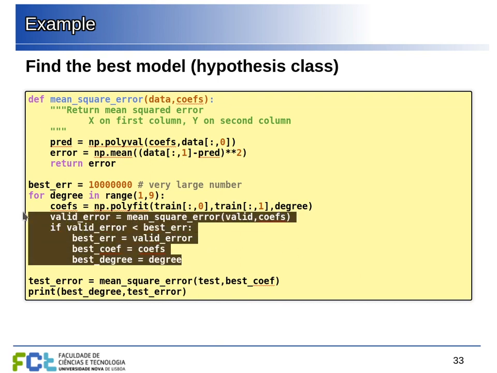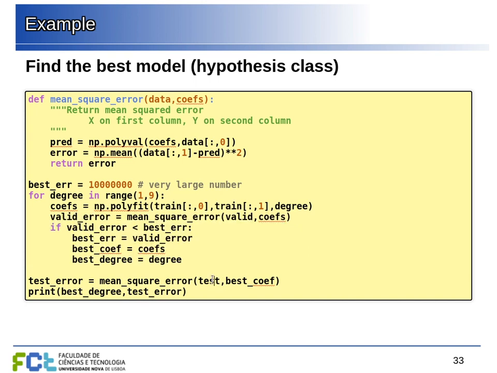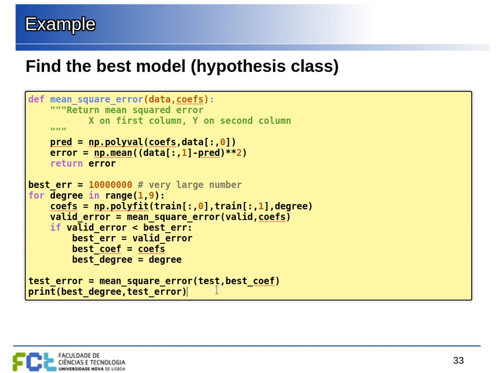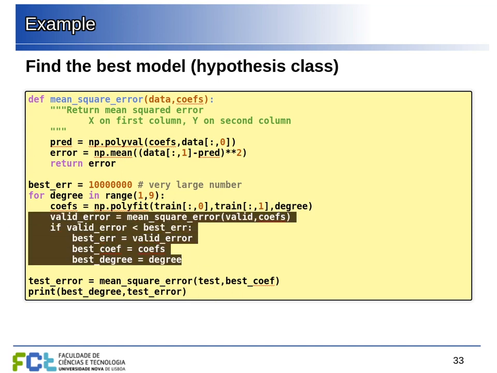The validation error is being used to select the best model, or more specifically, the best hypothesis in this case. But then the test error is only used at the end to get an unbiased estimate of the true error of that hypothesis. We cannot use the same set we are using to select hypotheses to then estimate the true error, because the process of selection, of checking if it's better than the other one and changing if it is, makes the estimate biased.